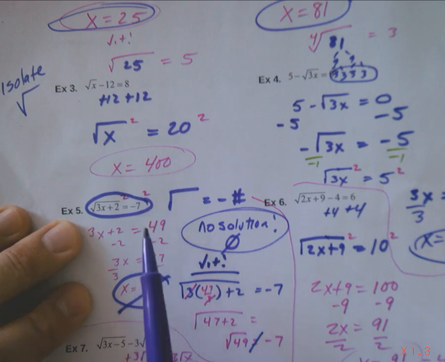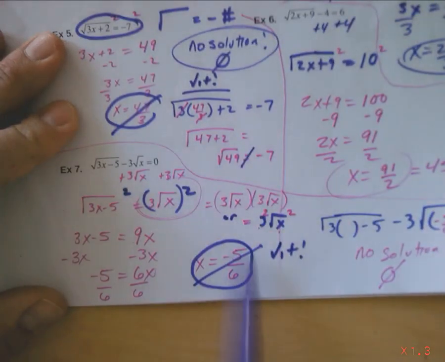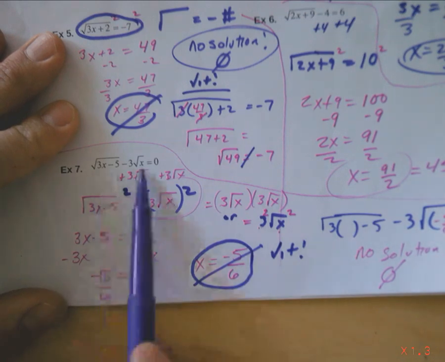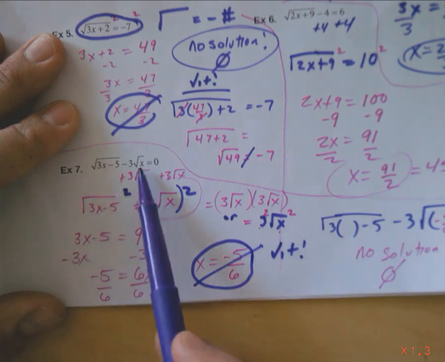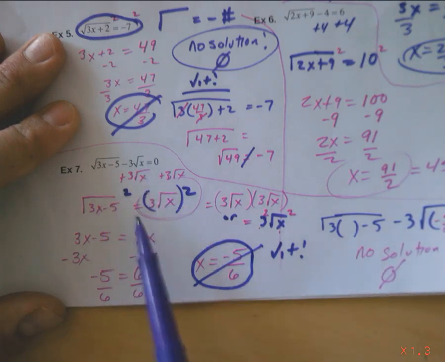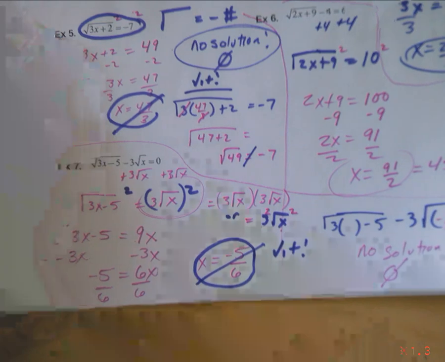That's not going to be possible. This usually happens when you have two square roots and an x underneath both of them. Usually that's the only time you'll see that. So just be very careful. When you see two x's underneath square roots, there's a chance it could be a no solution one.